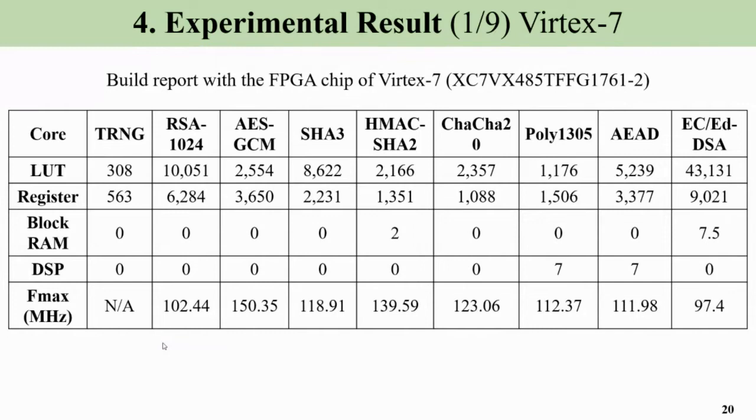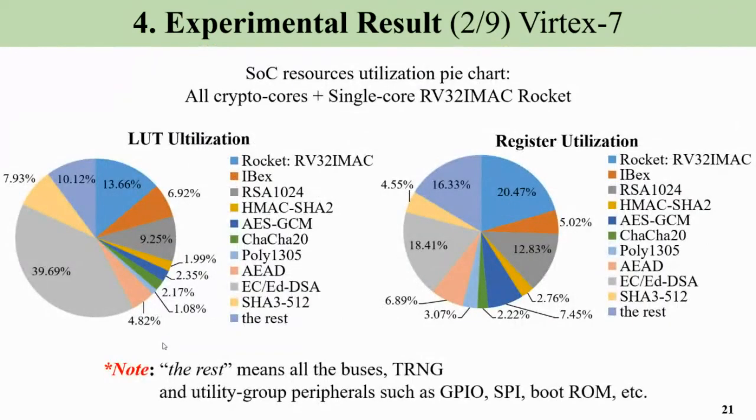And in the full system of the SoC, we also have the pie chart for the lookup table utilization, register utilization, all the crypto cores are included, and 1 processor of the Rocket Chip, 32-bit IMAC.